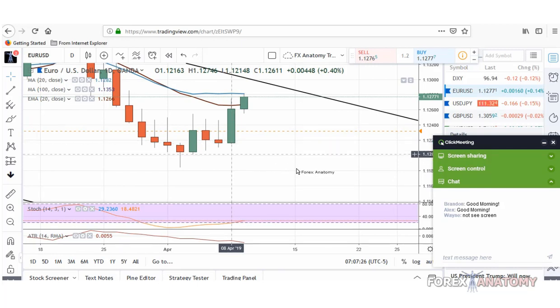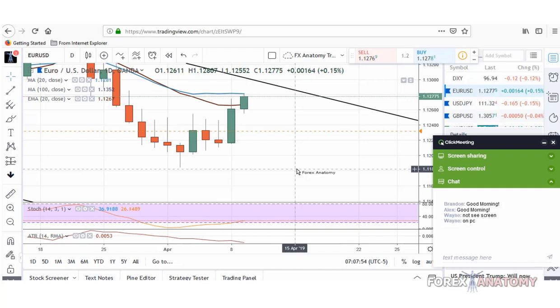I know Wayne said he cannot see the screen. Yeah, are you looking at it from the mobile app? Because I believe there's something that you have to do when you check out the session from the mobile app. But I don't know if anyone else is having an issue. Just let us know, and we'll definitely see if the issue is on our end. Are you guys having issues on your end?